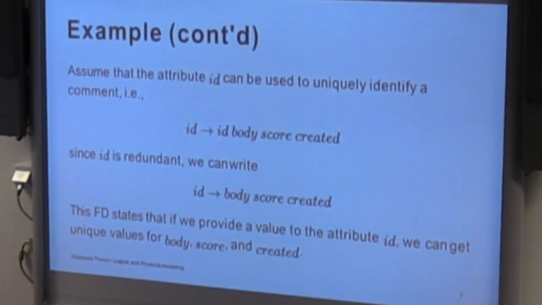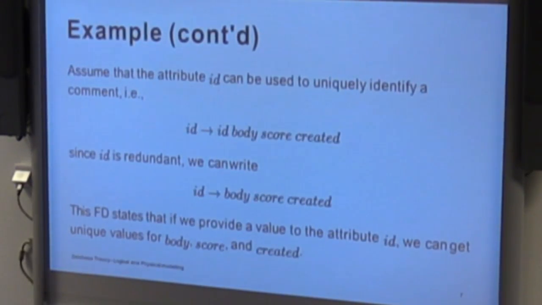So if we try to find an attribute, and this is something that I have actually been talking about before, if you find something that can uniquely identify a row in a table, then you have that attribute, in this case being ID.